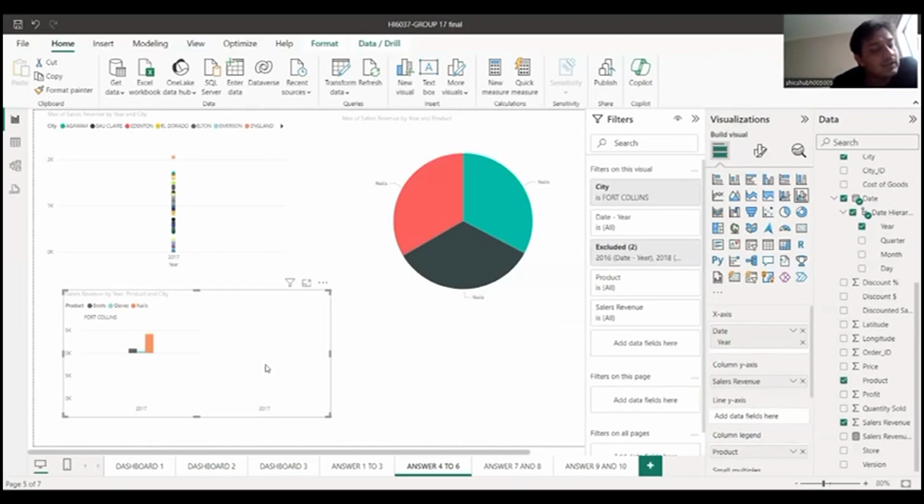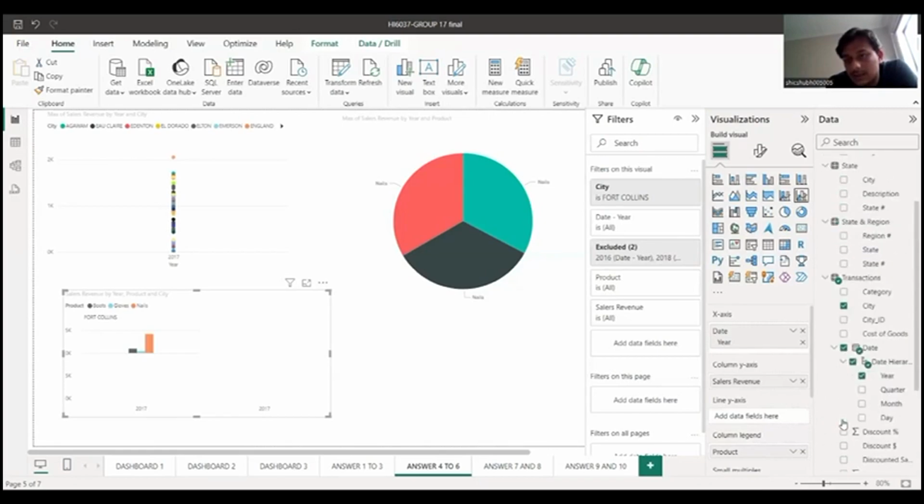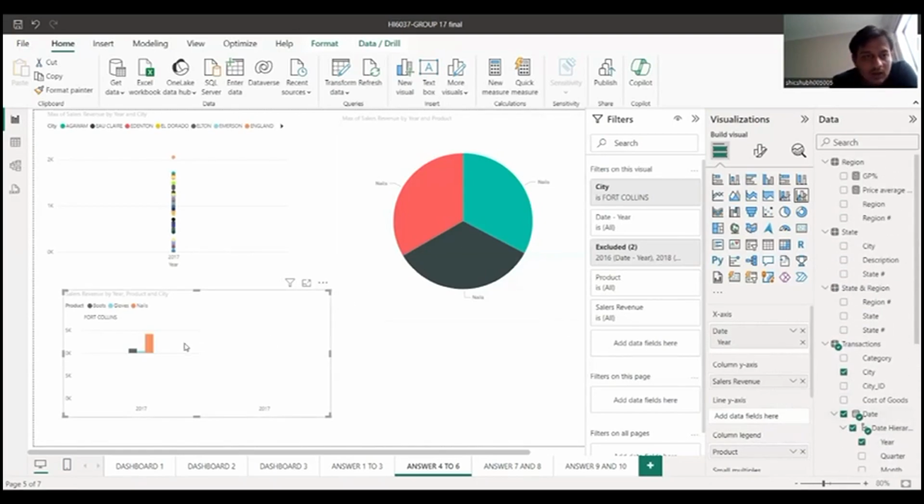Fifth question is about the city in question number 4: which product did they sell at the highest sales price in 2017? For that, I use a line and cluster column chart. I take year, product, and sales revenue. So I found that Fort Collins in year 2017, nails have the maximum sales revenue, which is 4,179.98.